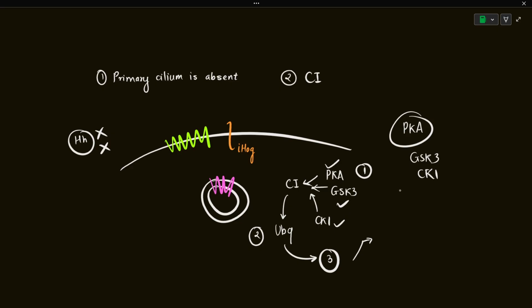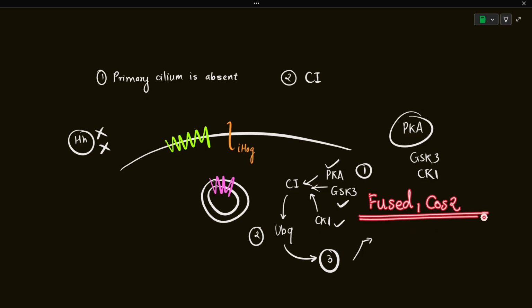The other difference between the mammals and Drosophila is that instead of SUFU proteins, the proteins that are going to act as the adapter for the phosphorylation of the transcription regulator are Fused and COS2, or Costal 2.